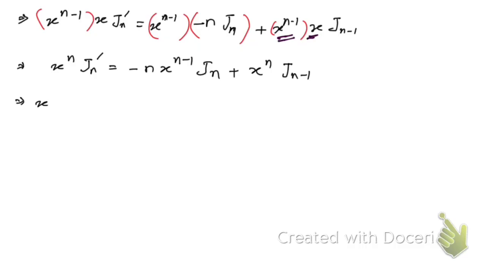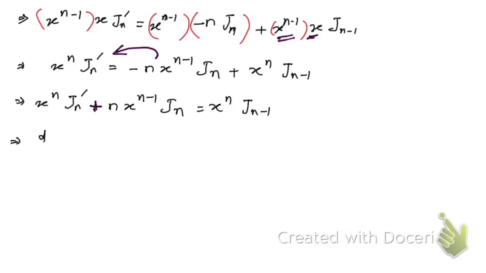Now what to do here? We need to transfer this to the left side, then this sign becomes positive. And on the other side we have x to the power n J n minus 1.